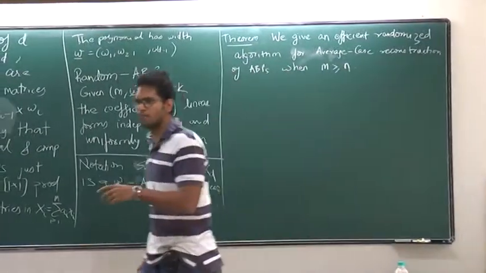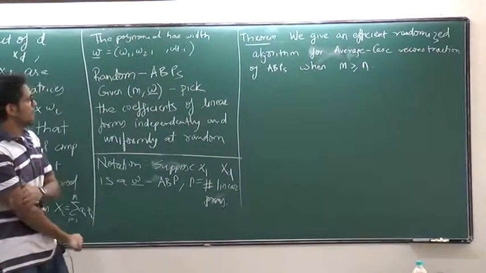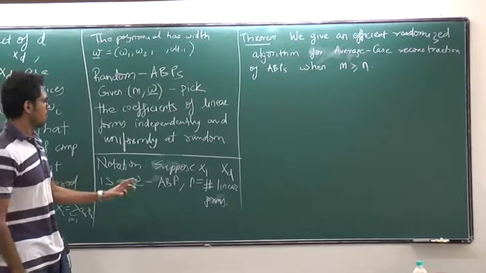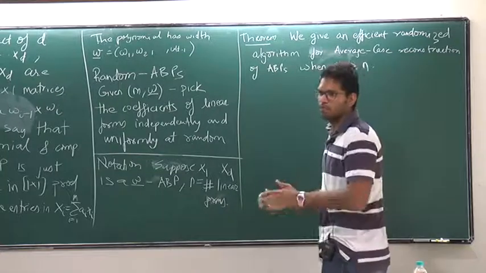So m is the number of variables in your input polynomial, and n is the number of linear forms that is being computed by the full rank ABP.